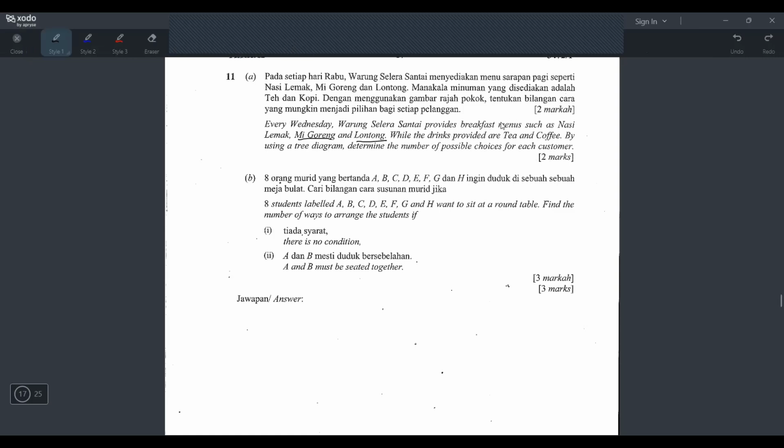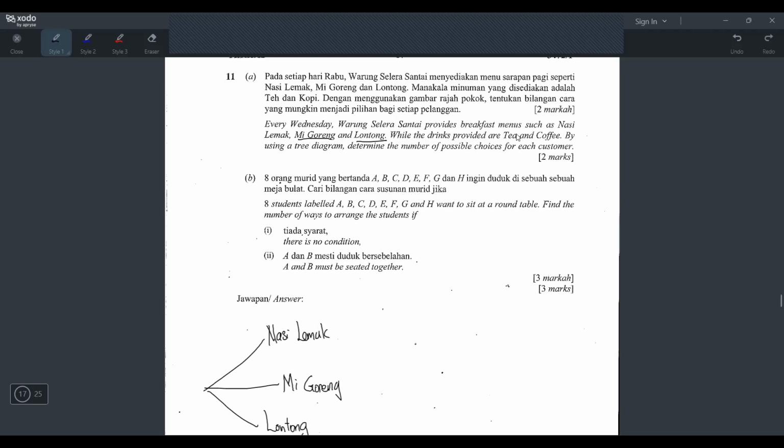So let's draw some lines. From the menu you can choose 3 foods, right? So you can go with nasi lemak, or mee goreng. I'm drawing the tree diagram now, and the next one is lontong. Actually, what's lontong? I also don't know, but whatever.